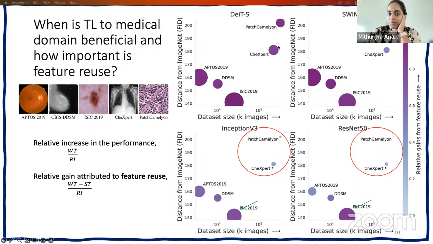The difference between these two is the inductive bias, because this DeiT model does not have any inductive bias at all, but Swin Transformer was able to embed some amount of inductive bias by the self-attention and the hierarchical structure. So from this figure, what we can say is the smaller data sets are benefiting, and when the distance to the source domain is less, it's benefiting, and also when there is no inductive bias, the model is benefiting. That is the conclusion we can draw from this figure.